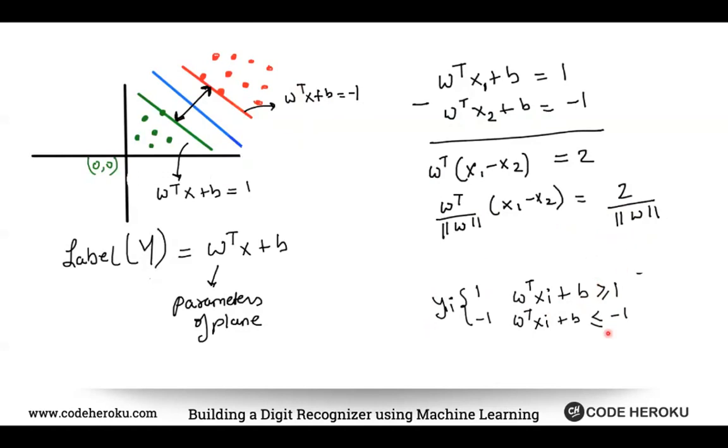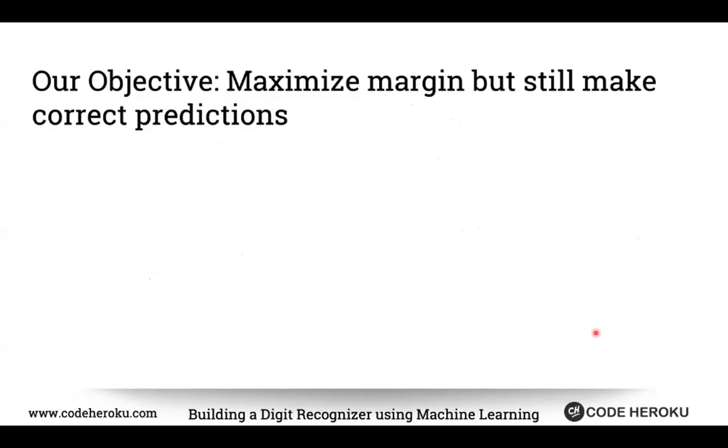Okay, in mathematical terms, this is called the optimization objective. 2 by W is the optimization objective, and this is a constraint under which we need to perform this optimization. So our objective is to maximize the margin, so to maximize 2 by W such that the constraint that I just showed you.